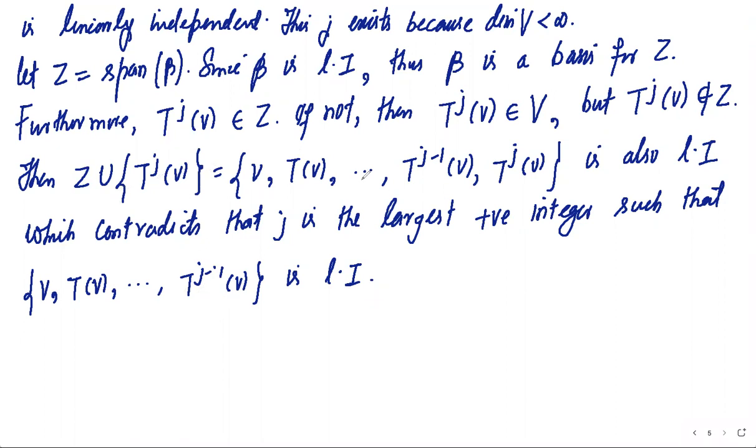But then if we include this T^j of V inside this beta, we get a bigger set than beta which is also linearly independent, and that contradicts the largest property of j. So thus this T^j of V must be an element of Z.